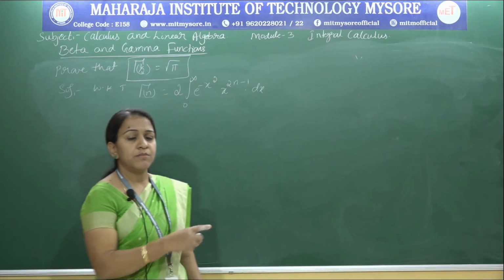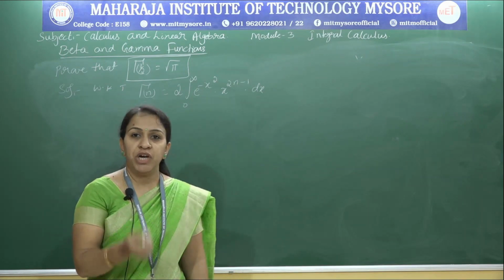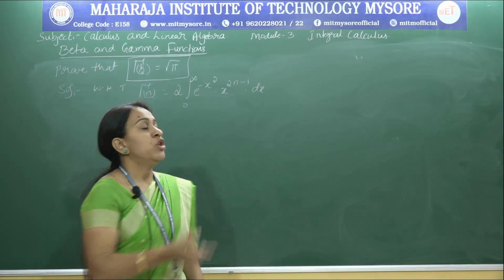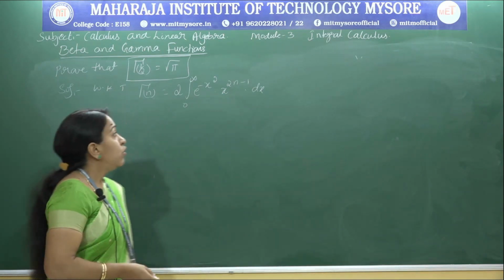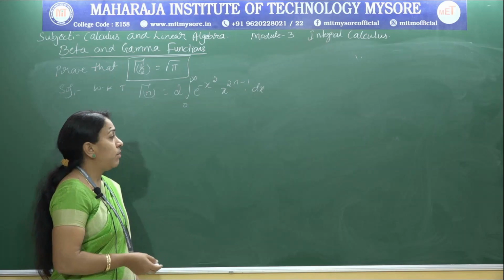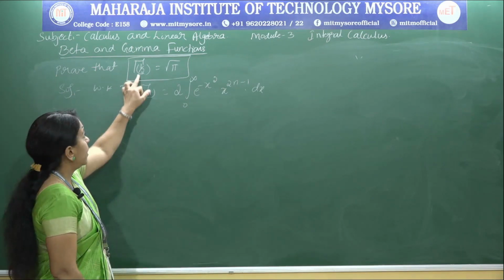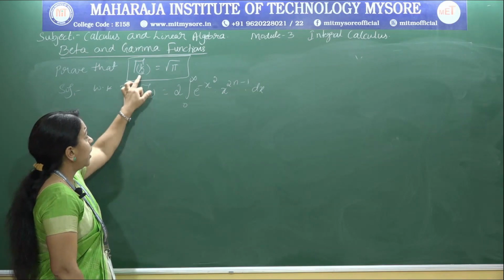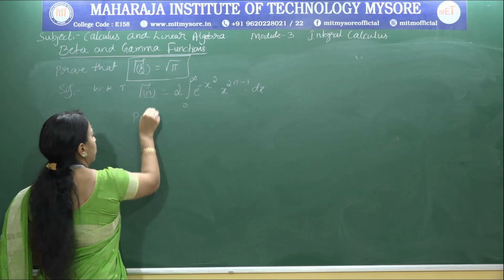Yes, we defined this in terms of t and I think we proved it in terms of t and I defined in general in terms of z, right. So, here I consider it in terms of x, okay. So, to prove the result, I am going to substitute n by 1 by 2 because I need gamma half. In place of n, I have 1 by 2. So, put n is equal to 1 by 2.